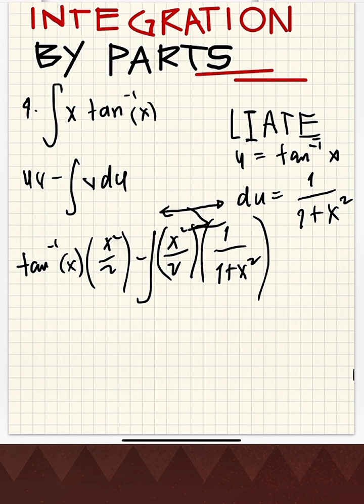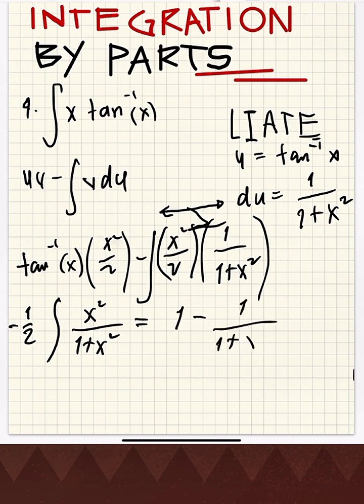So x squared, we can take out the 1/2, right? So 1/2 integral of x squared over 1 plus x squared. If we divide x squared by 1 plus x squared, the answer will be 1 minus 1 over 1 plus x squared.